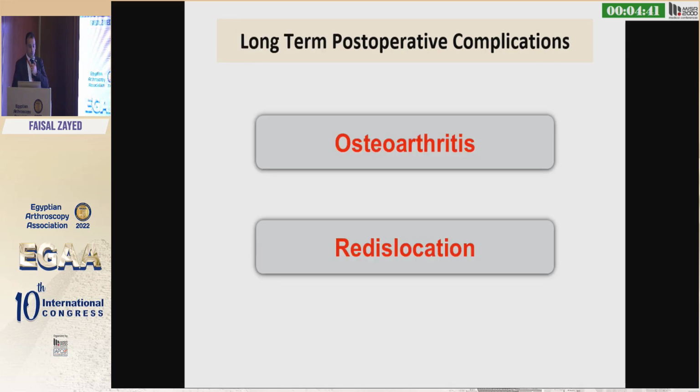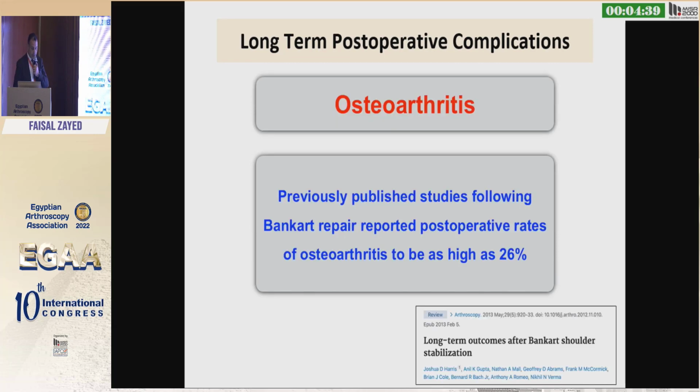Long-term post-operative complications include osteoarthritis and redislocation. Previously published studies following Bankart repair reported post-operative rates of osteoarthritis to be as high as 26%.